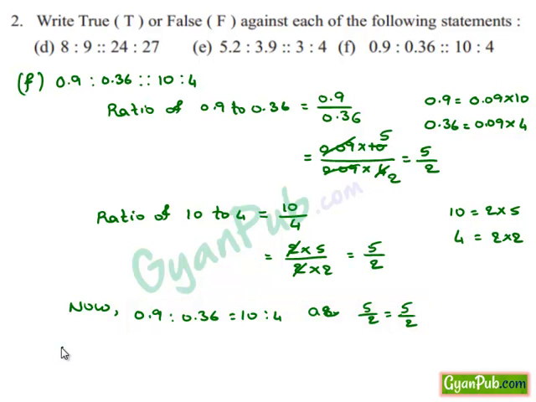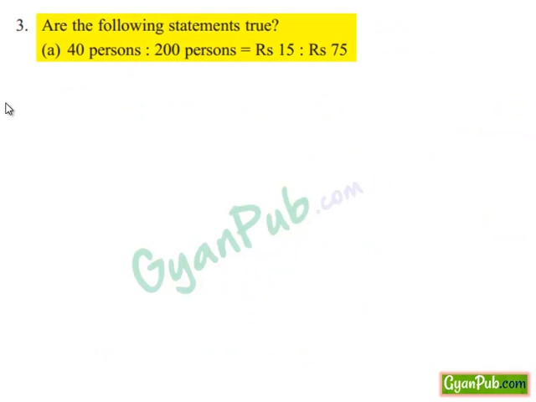So we can say that the given statement 0.9 is to 0.36 is in proportion with 10 is to 4 is true.